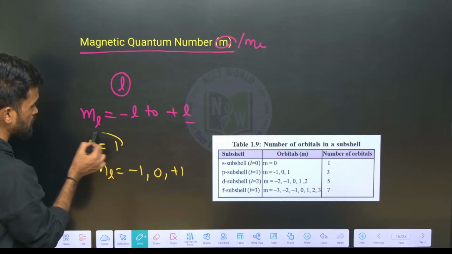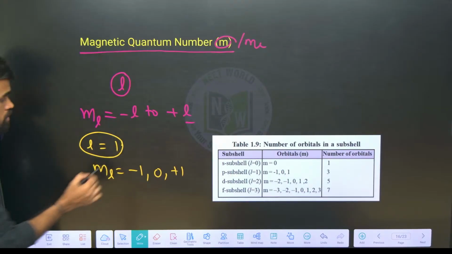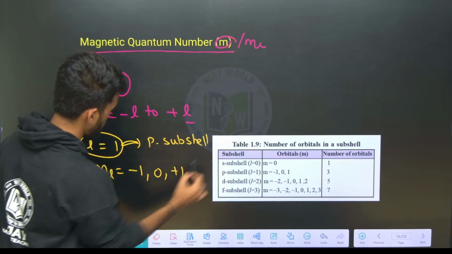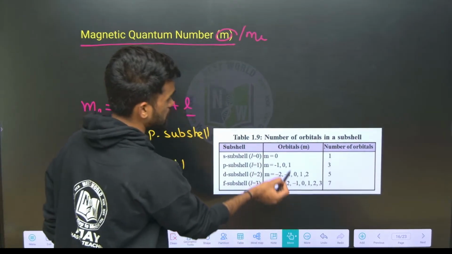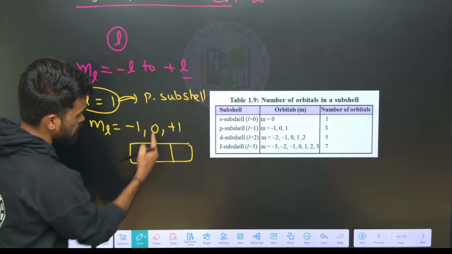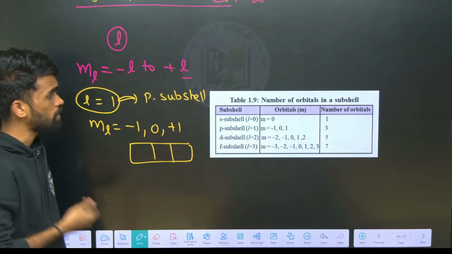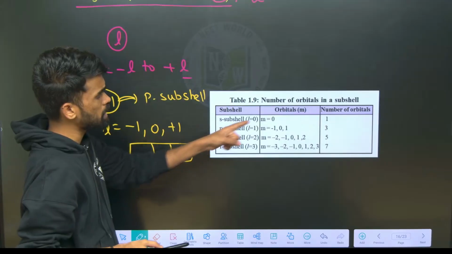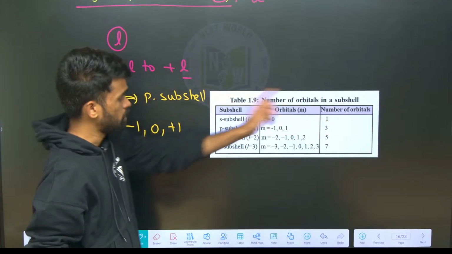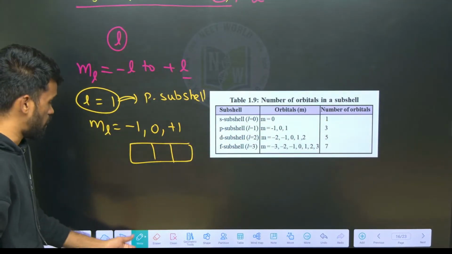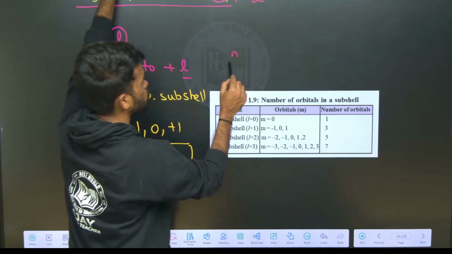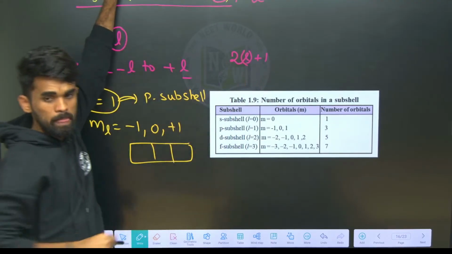If l is 1, which subshell is it? p subshell. So the p subshell has how many magnetic quantum numbers? 3. That's why we are taking 3 orbitals. For the s subshell, l will be 0, ml value also 0, so number of orbitals is 1. For a given subshell, if they ask the number of magnetic quantum numbers, you can also use the formula 2l plus 1.